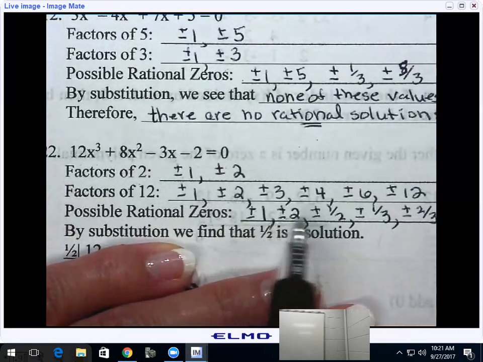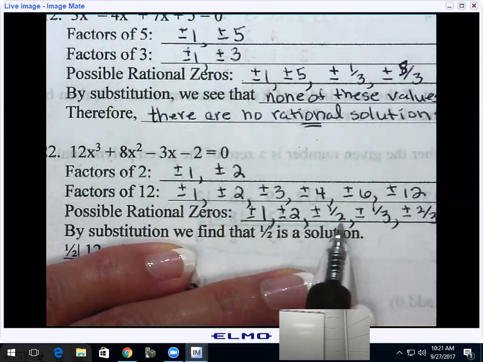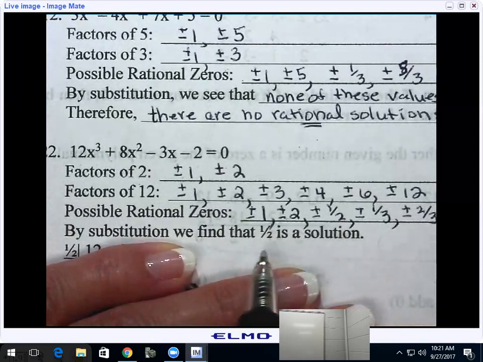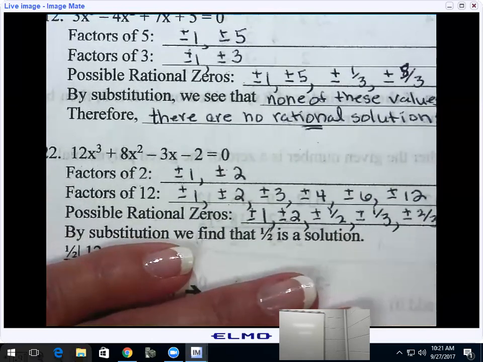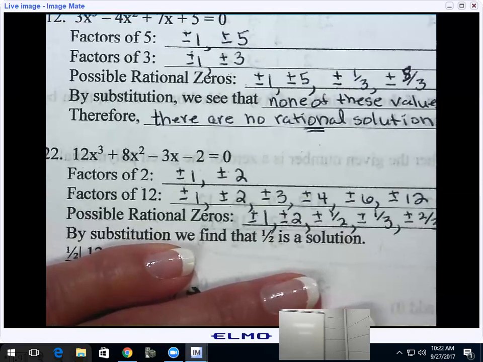That didn't work. But I didn't have to get too far down the line before I found 1/2 was the first number from my list that actually was a solution to that equation. So a little bit of a nuisance, but I had to plug in 5 different numbers before I found the first 0.